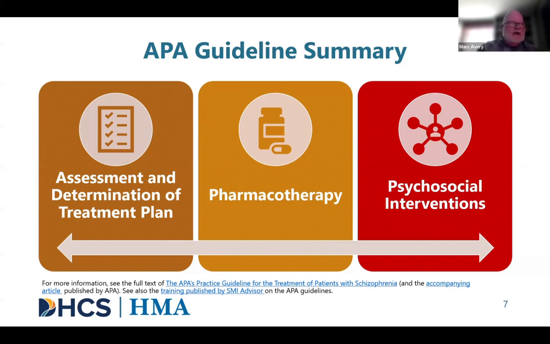But following these guidelines doesn't guarantee success for everybody, and it's important to realize that these really are guidelines. They're not laws. They're not requirements. A clinician or somebody receiving services would use these as guideposts to help create a treatment program that makes most sense for themselves as a person.